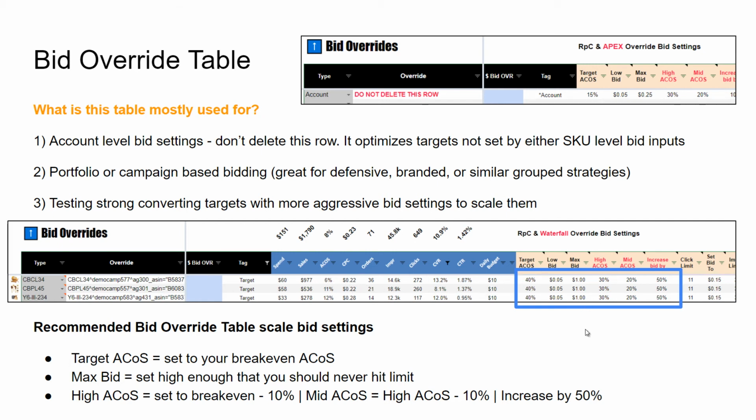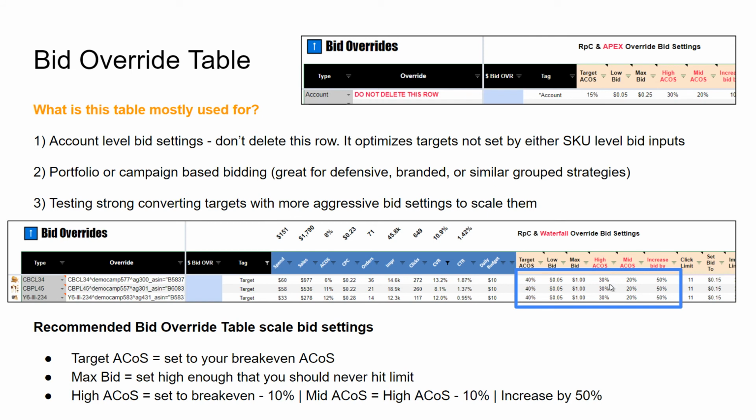So it's almost like an automatic or systematic way to test new placements, to just bid more aggressively and hopefully scale these up while keeping everything economic-wise in check. So that's definitely one of the high triggers there, your max bid column. Again, target ACoS is a pretty impactful lever to pull.